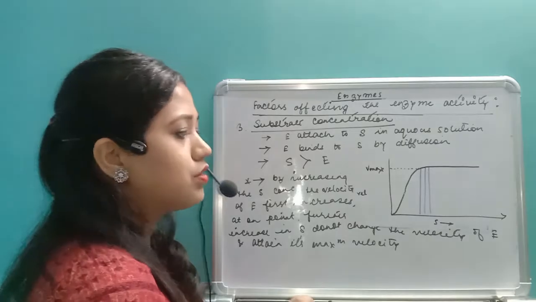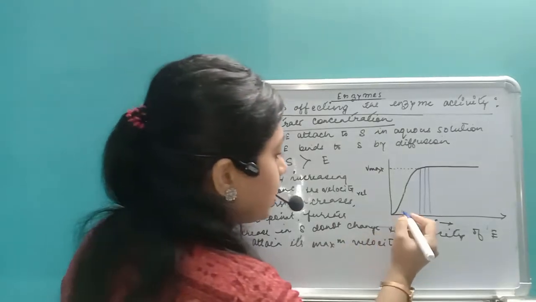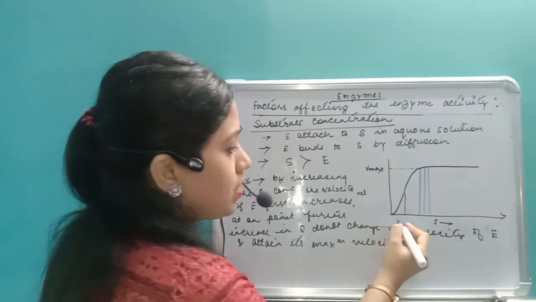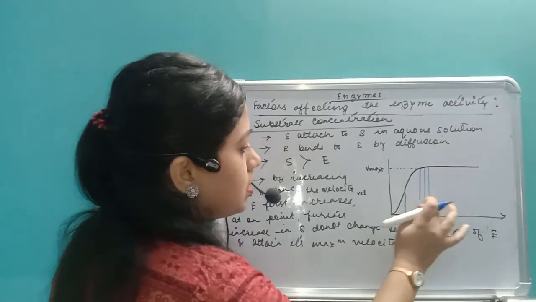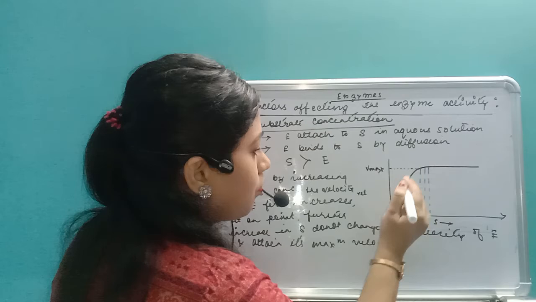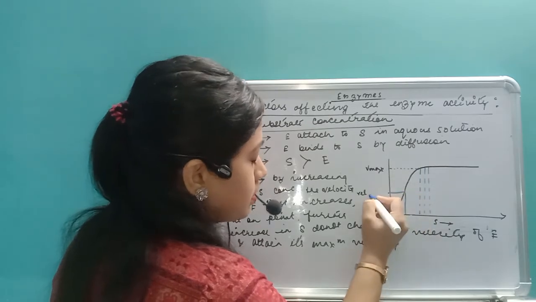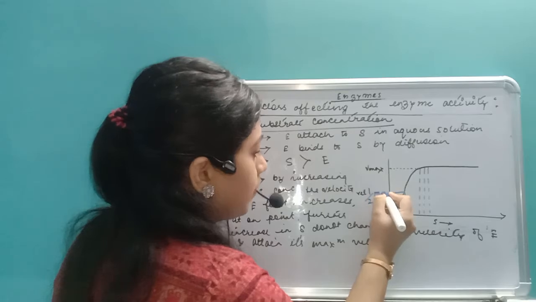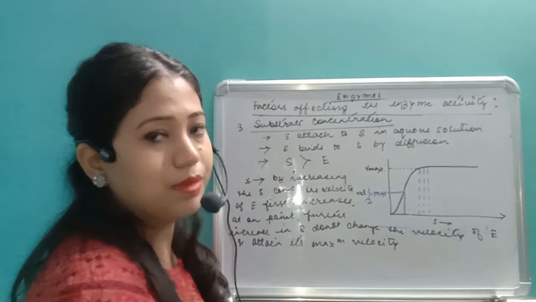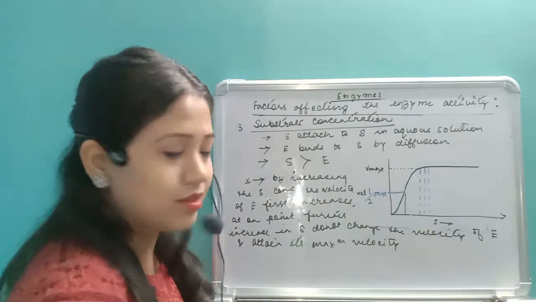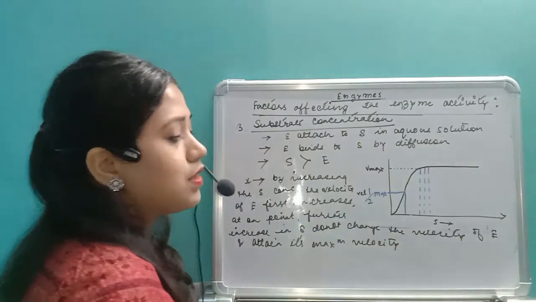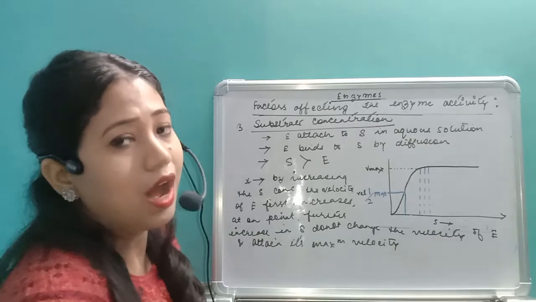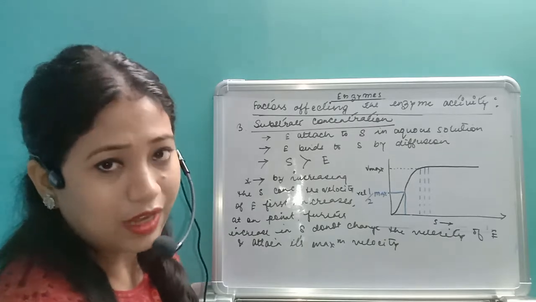So that's why we have taken half of the substrate. Whenever we take half of the substrate, the enzyme attains half of the velocity, and this is represented as half Vmax. So at a specific concentration of substrate, the enzyme will attain half of its maximum velocity.